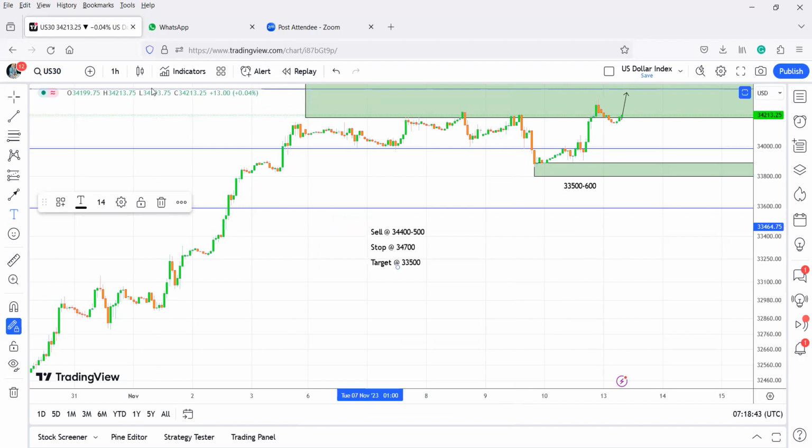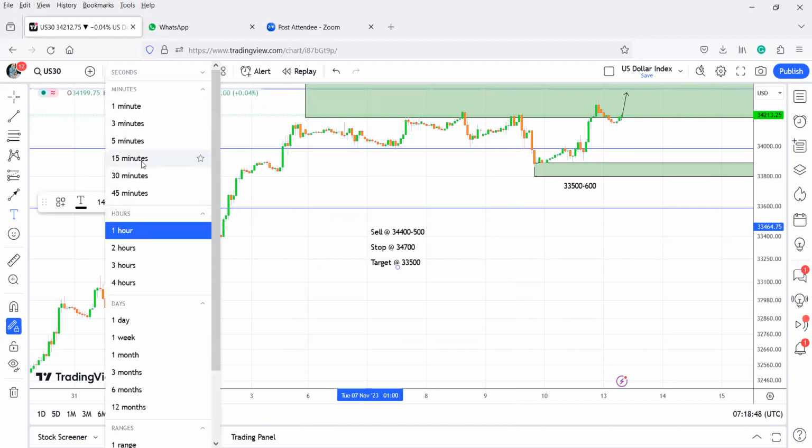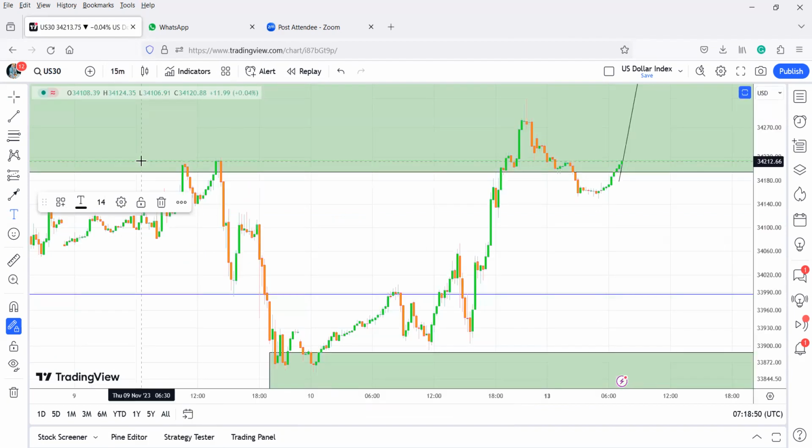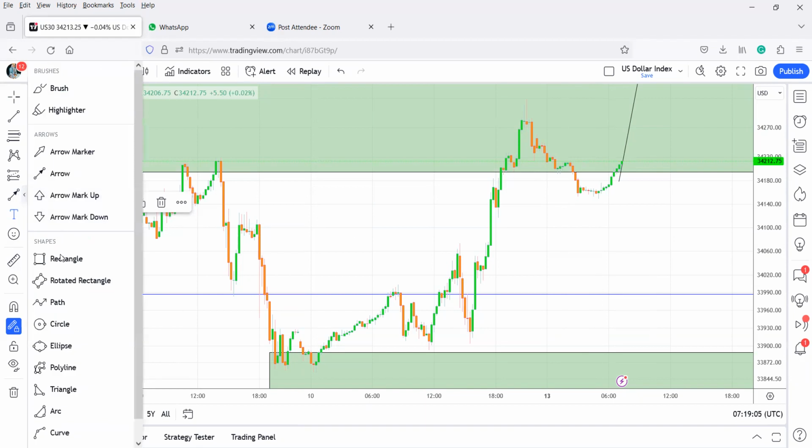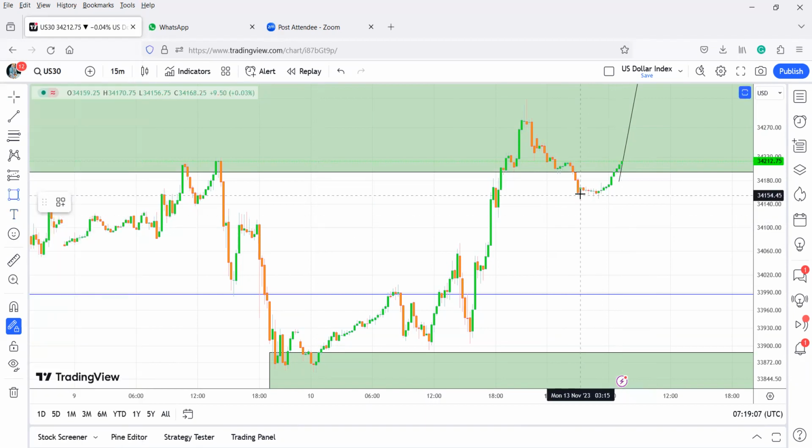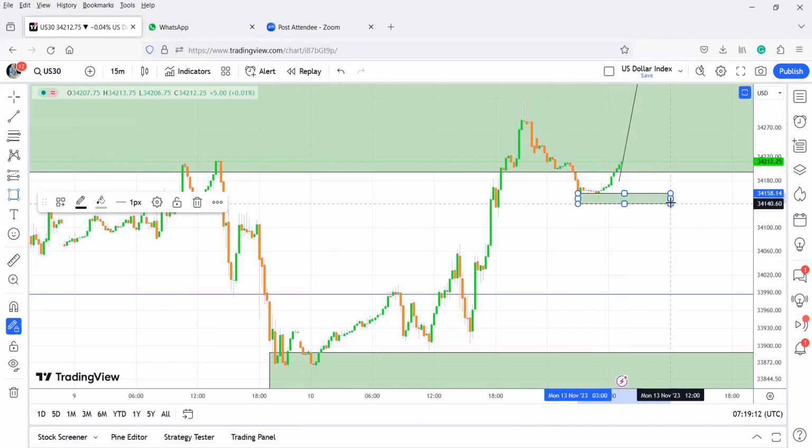But if you want to trade intraday, you go to the 15 minutes time frame. Again, you can go to the 5 minutes time frame as well if you want to play very fast. So only the structure does not change, only the values change here. This is the buy zone for intraday, 34,140.